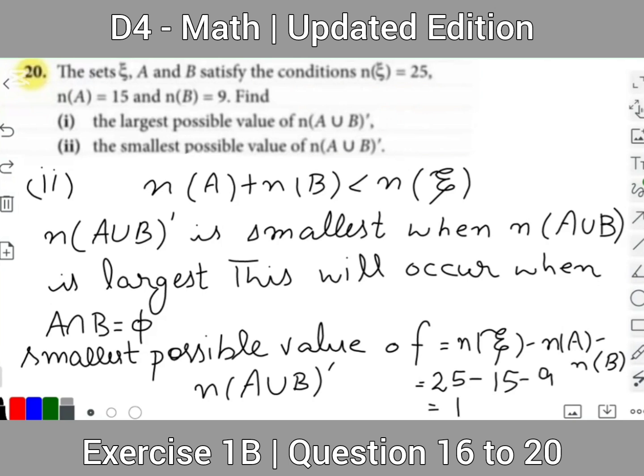So the smallest possible value of n of (A union B) whole complement is equal to 1.